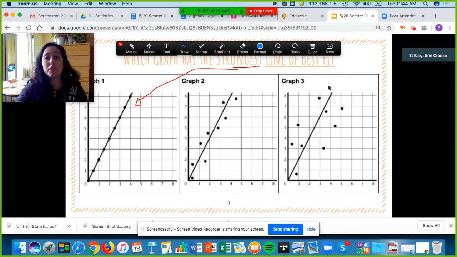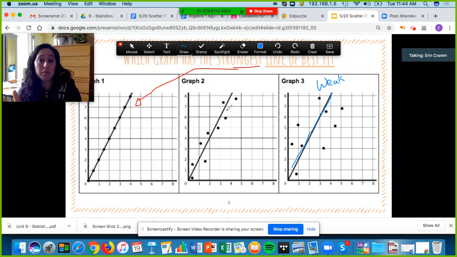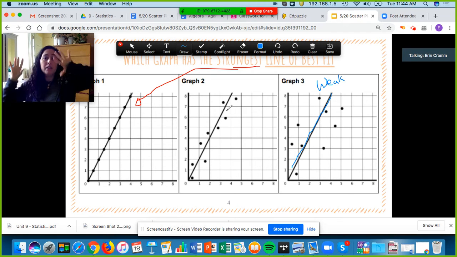Whereas your weakest one out of these 3 would be graph 3, just because the points are further away from your line of best fit compared with 2, which is kind of in the middle. The points aren't on the line, but it's a little closer. So the strongest one is on the line, and as the points are closer to your line of best fit, that's a stronger correlation. As they're further from your line of best fit, they're just all over, that's weaker.